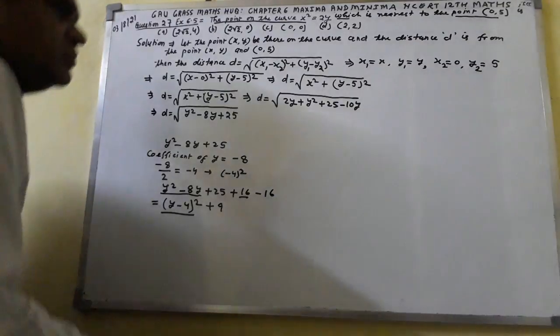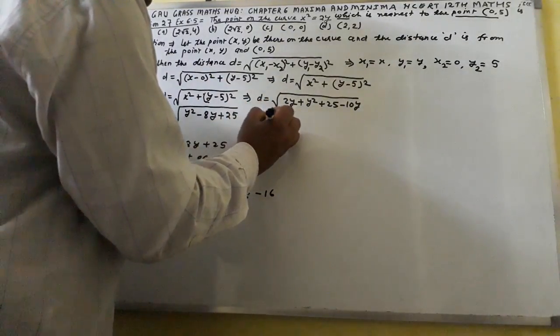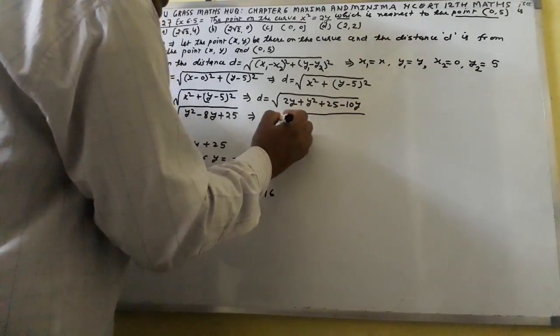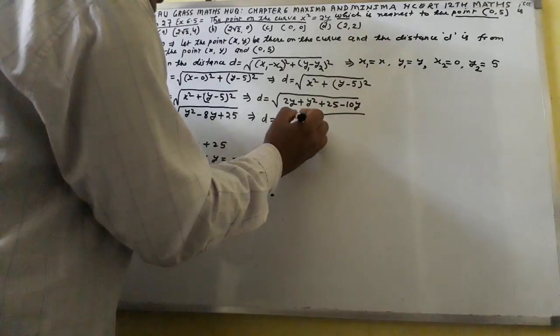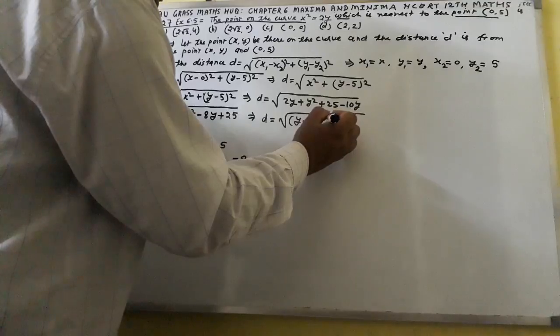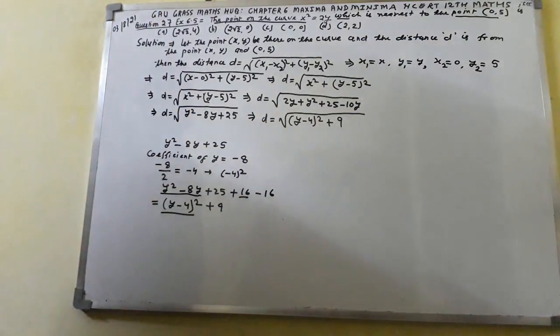So what will we do here? Here again I shall write, implied that d equal to under root (y minus 4) whole square plus 9. This thing you should write.